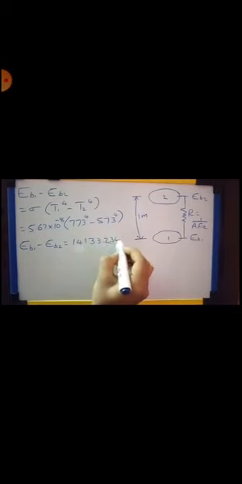Substituting the values for T1 and T2, we get EB1 minus EB2 is equal to 14133.234 watt per meter square. Okay, this is the value for EB1 minus EB2.